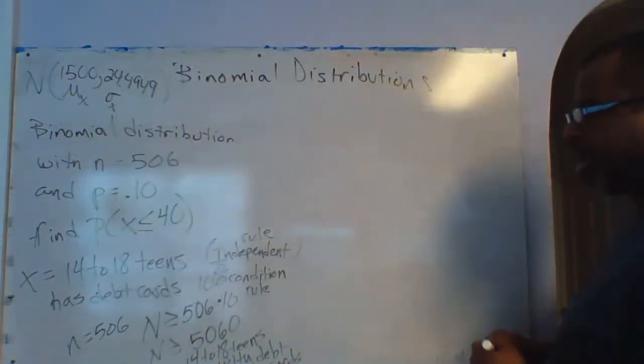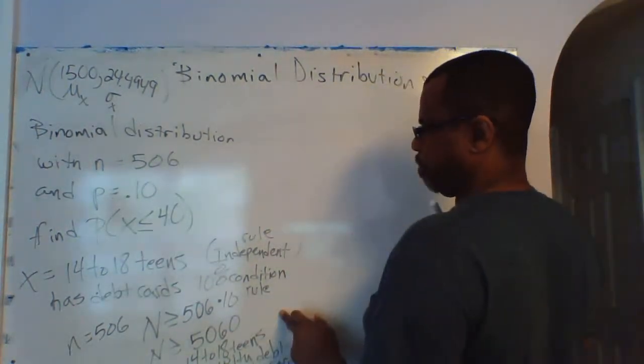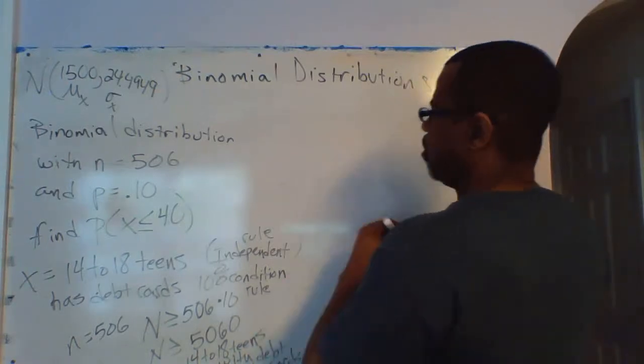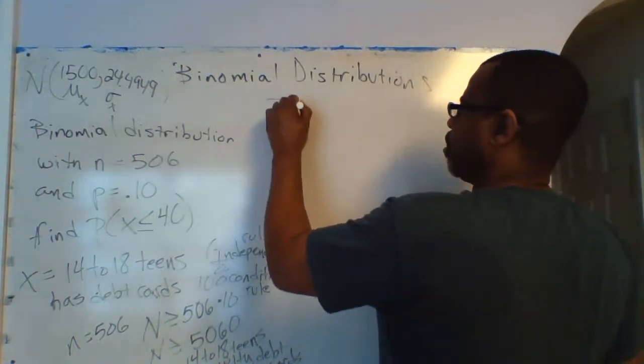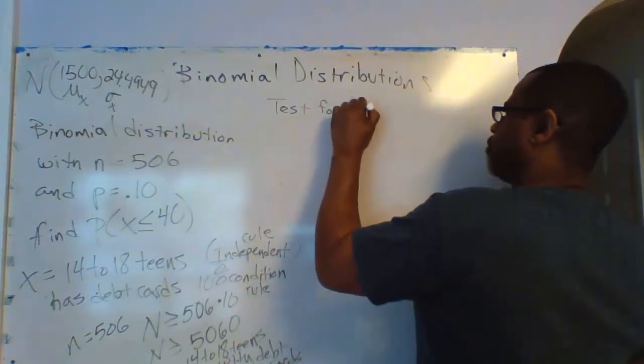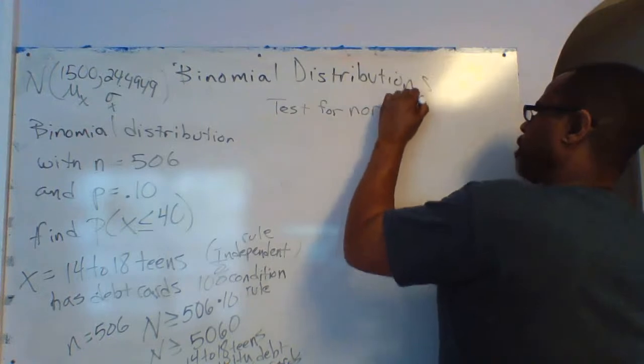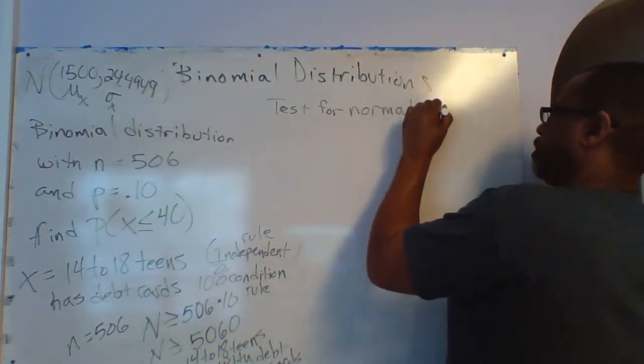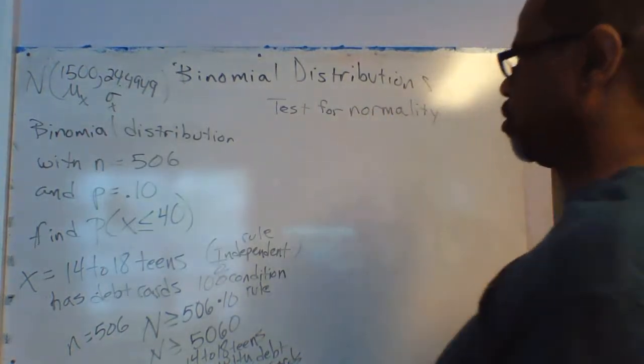All right. So now we did the 10% condition rule. Now we've got to test for normality, in other words, to see if we can use the norm curve.